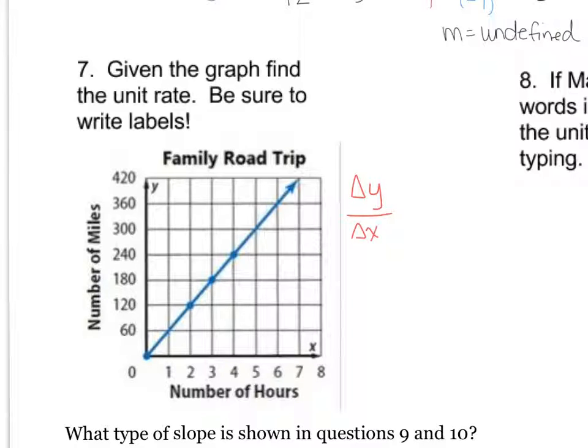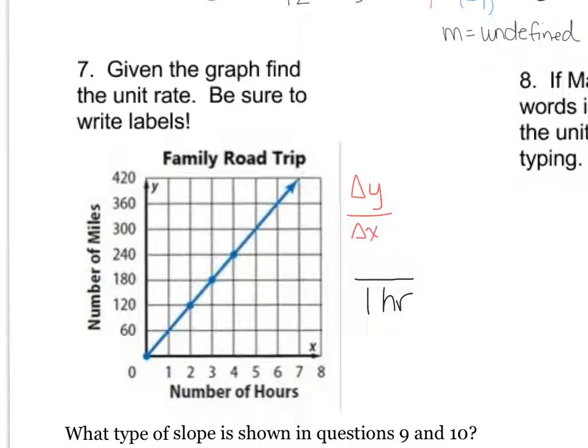So your change in up and down versus your change from side to side. And if you recall, it says write the unit rate in the bottom. What is always in the bottom of the unit rate? 1.